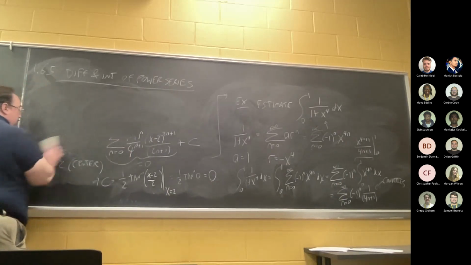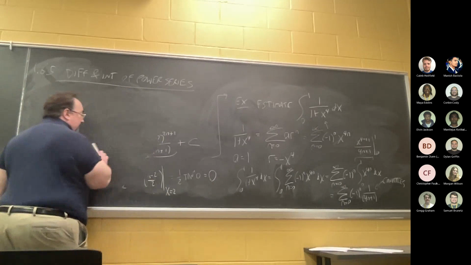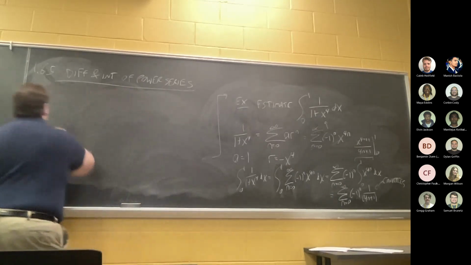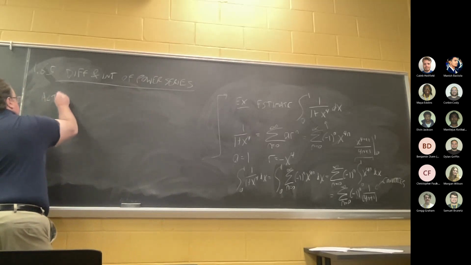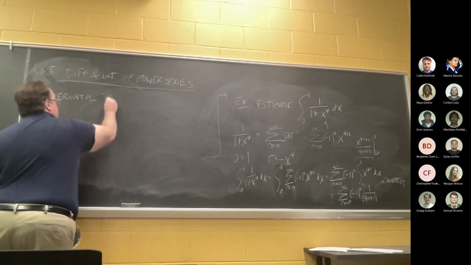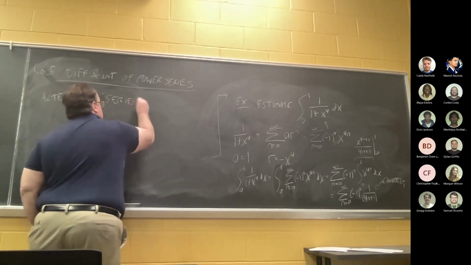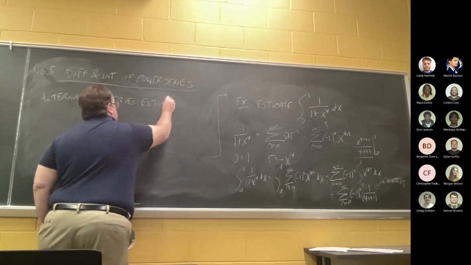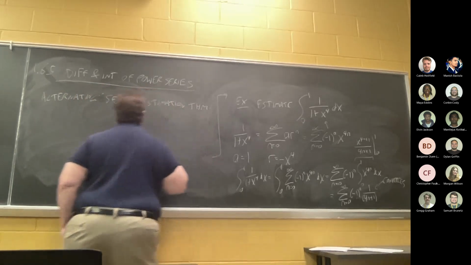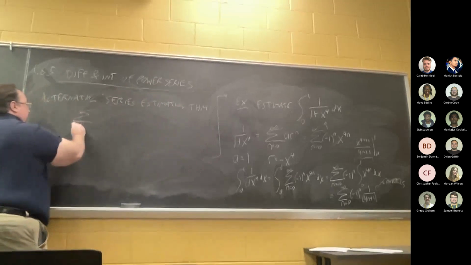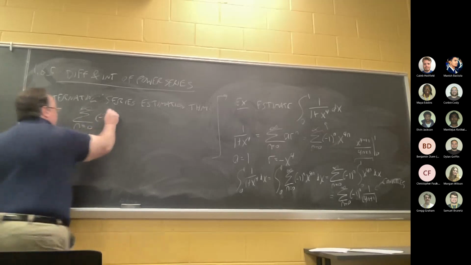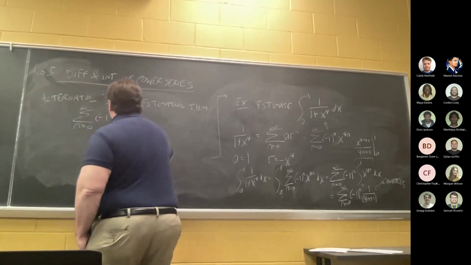we can use the alternating series estimation theorem. I'll refresh your memory as to what that is. I'll write straight out a generic alternating series, (-1)^n b_n.